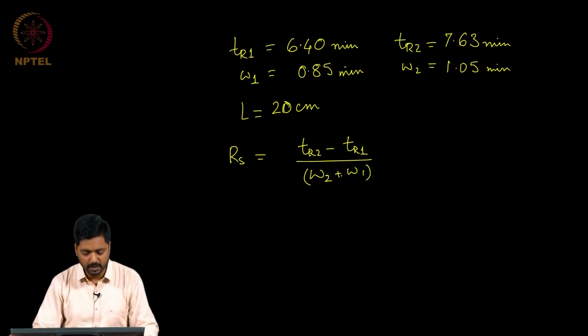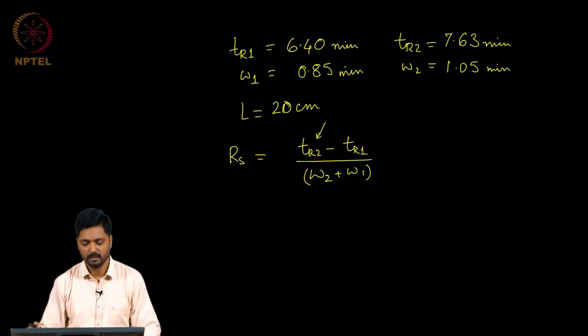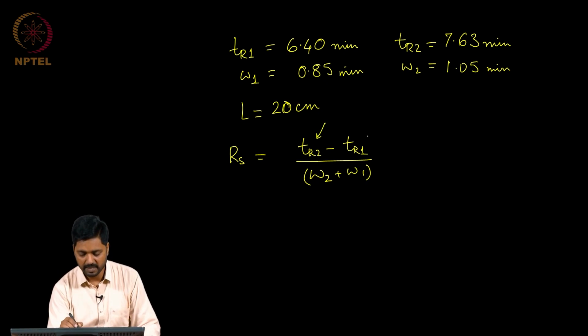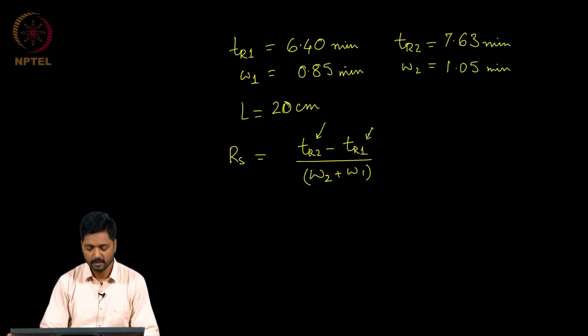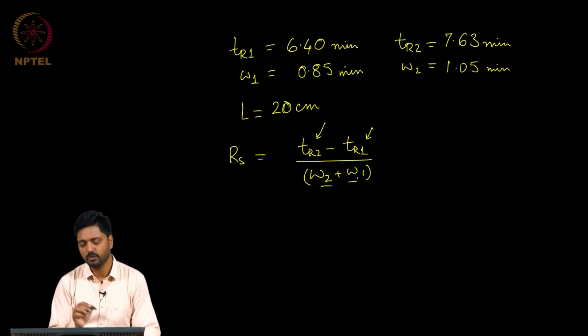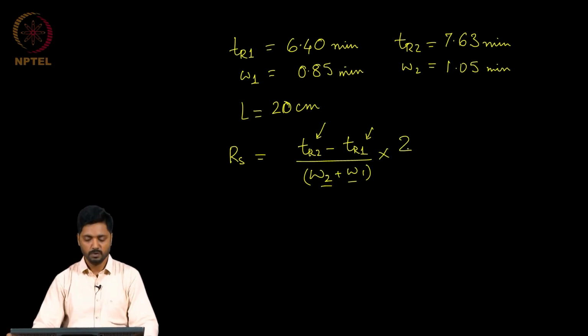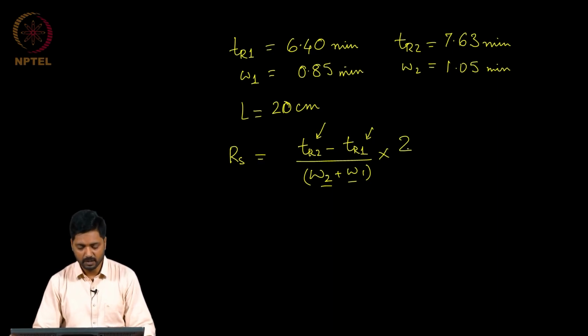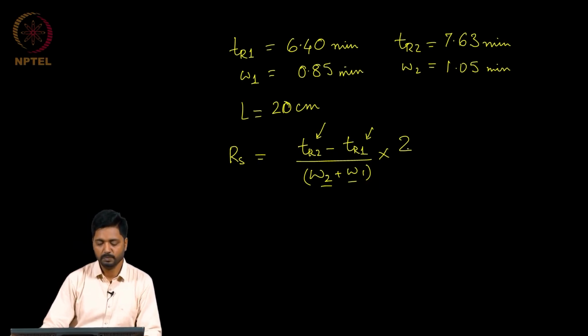So, the resolution RS is given as the retention time for analyte 2 minus the retention time for analyte 1, divided by the width at the base for analyte 2 plus the width at the base for analyte 1, and this whole multiplied by 2. Please note here that we will not require the Tm value, even if it was given, for calculating the resolution for the two peaks.